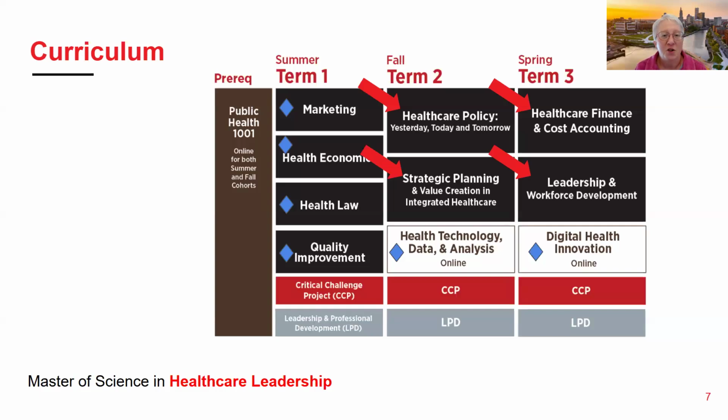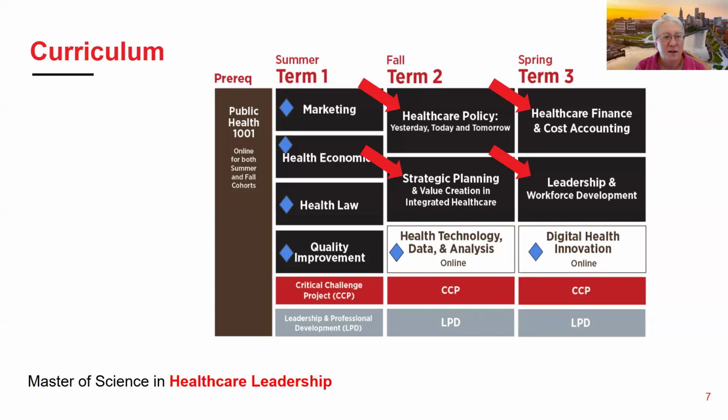So for the summer term, we have 4 half credit courses: healthcare marketing, health economics, health law, and quality improvement and the learning organization. And each of these courses provides some specific insight into healthcare related topics that help you understand how choices are made and how information that will be valuable to you as you move forward strategically in organizations.